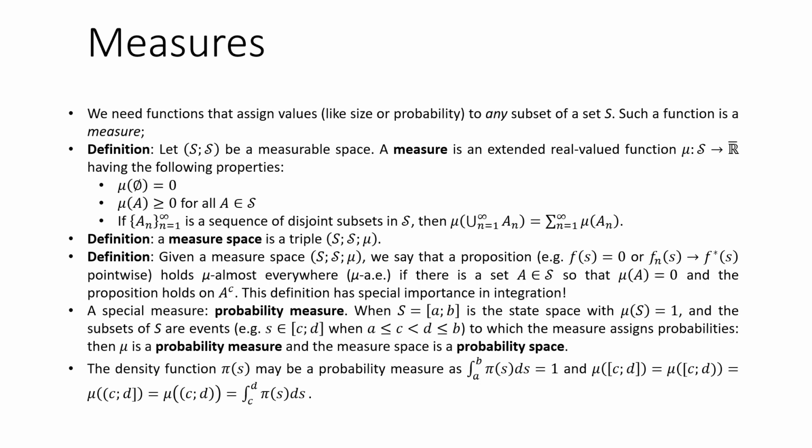So practically speaking, we have a proposition that holds on a given subset of the state space of the set we are working with. So there is a proposition that holds on a distinct subset of the state space, and the complement of this set has measure 0.